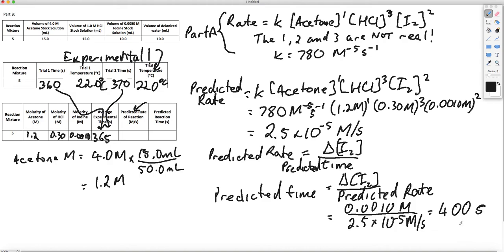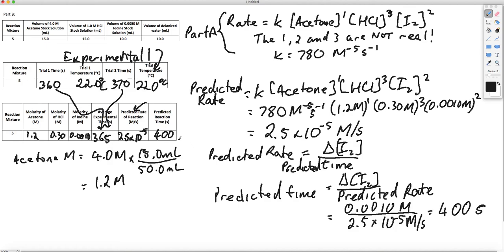Well, it represents the time that we would predict it would take in order for this reaction to occur. So the predicted reaction rate is 2.5 times 10 to the negative 5 molar per second. The predicted reaction time is 400 seconds.